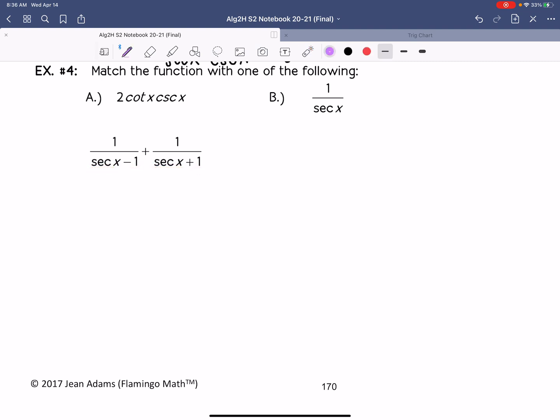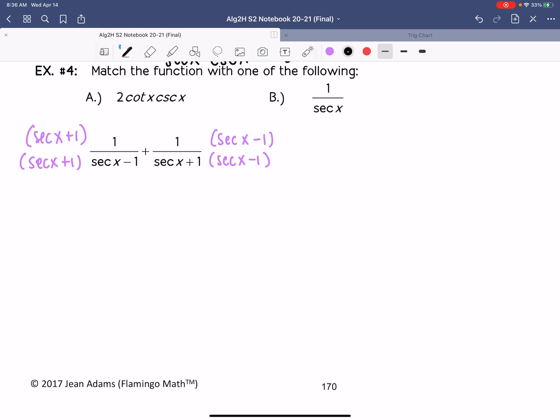Okay, so step 1, get ourselves a common denominator. So that means I need to multiply this one by secant x minus 1, and this one has to be by secant x plus 1. So we're getting our common denominator.